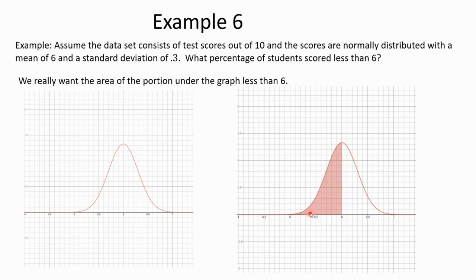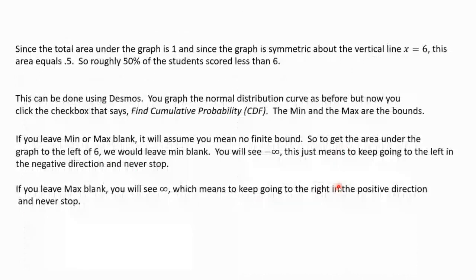And you can actually answer that right now because, based on what I told you, remember the total area under the graph is 1. Since the graph is symmetric about the mean, the area to the left must equal the area to the right. And since the total area is 1, that would mean this area would have to be a half, or 0.5.